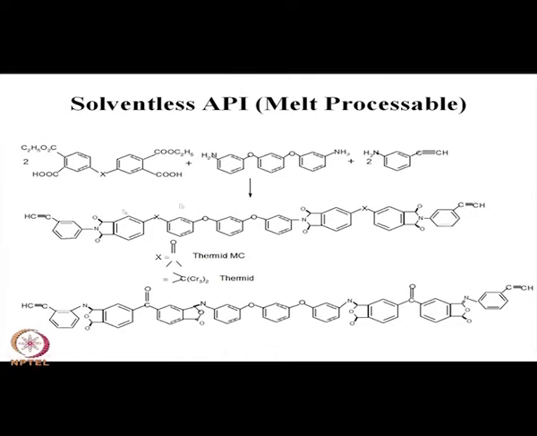So, ultimately from thermoset system it can lead to a thermoplastic system, it can lead to a thermoset system, although having such phenyl ring and ether linkage, flexible as well as rigid system inside. So, that leads to the thermal stability of the polymers.